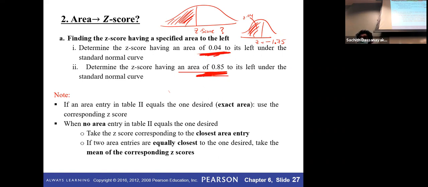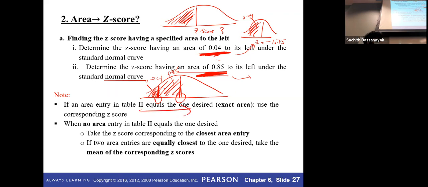Here the area is this much. So the C score based on this one is definitely greater than this C value. Because these are like 0.04, 0.85, something like this. So you can see the corresponding C values here and here. This side, it's increasing.